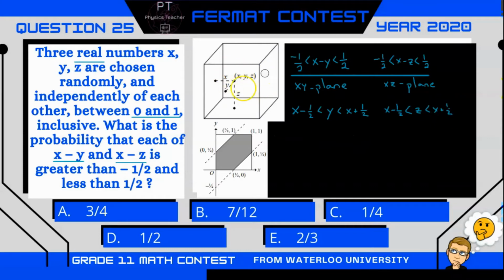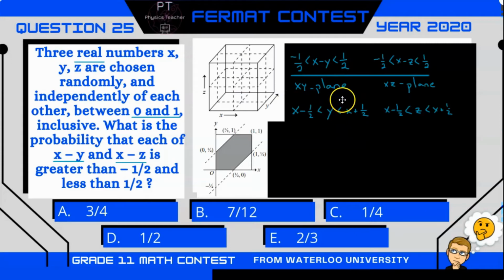So what we're going to do now is split this cube here into 8 smaller cubes. And now I can use the conditions in our xy plane to essentially slice this cube using these restrictions for our xy plane. And it will look something like this.